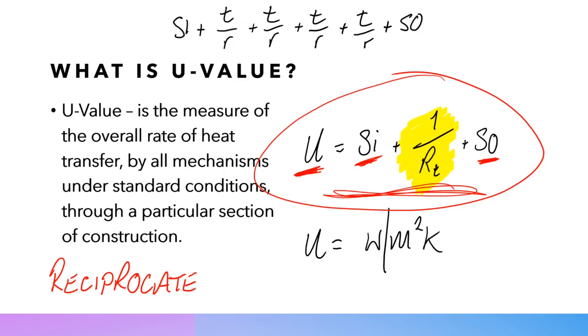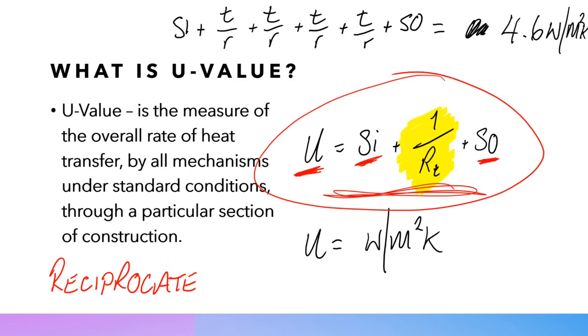Okay, and then all of this is reciprocated by 1. So let's suppose that this all equaled, let's say 4.6 watts per meter squared Kelvin, and I'll explain what that means in a second.